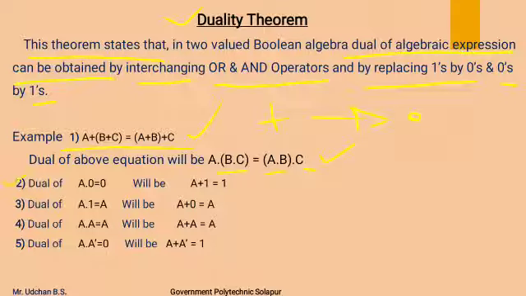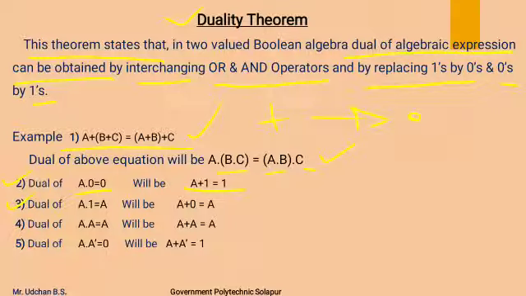Now in the second example, the dual of A into 0 equal to 0 will be A plus 1 equal to 1. In this, the dot operator is replaced by an OR operator and 0 is replaced by a 1.